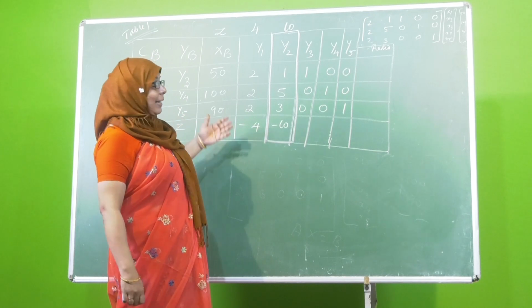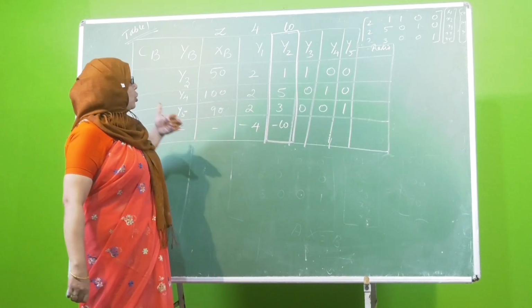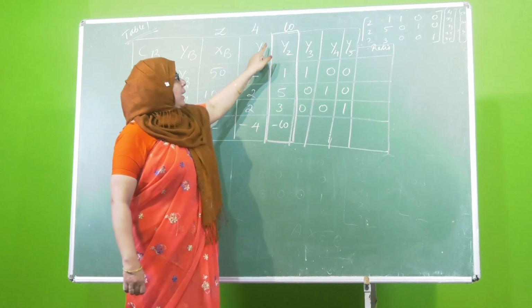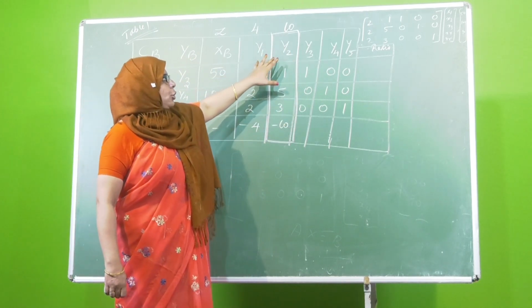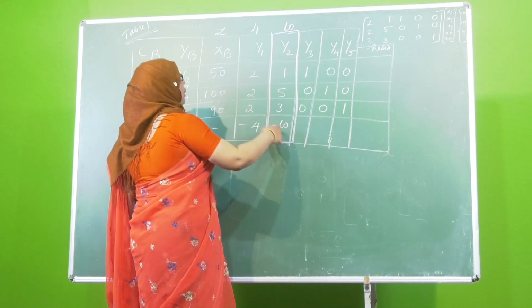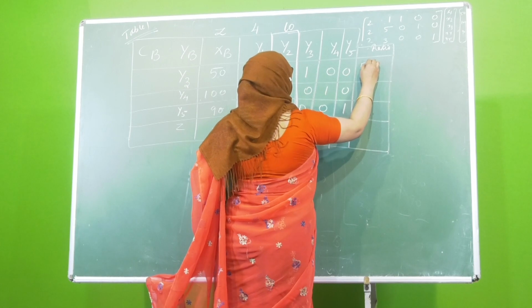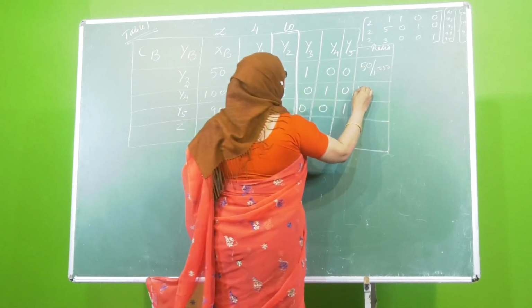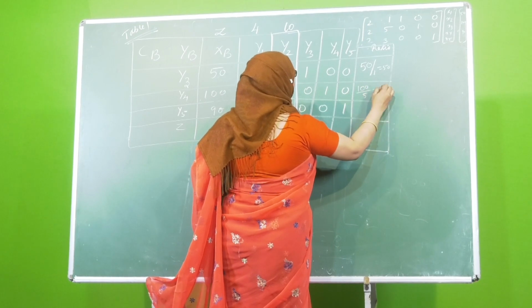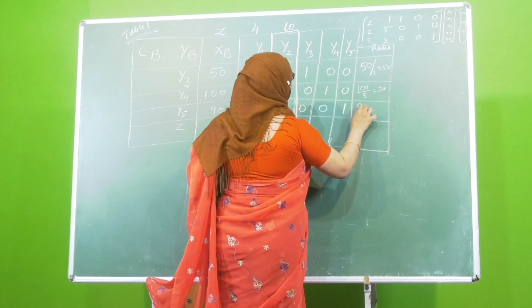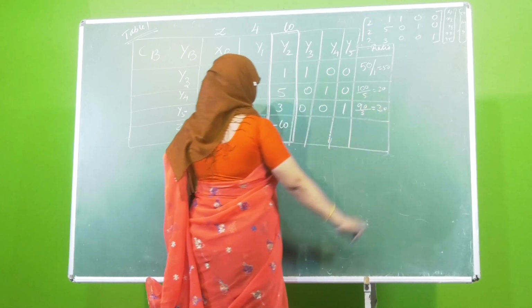And we have to select the row wise. Row wise means the xB value divided by Y2, the column we chose. So, 50 divided by 1, 50; 100 divided by 5, 20; 90 divided by 3, 30.